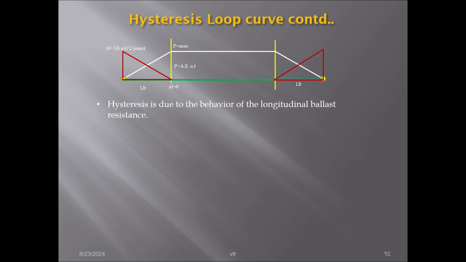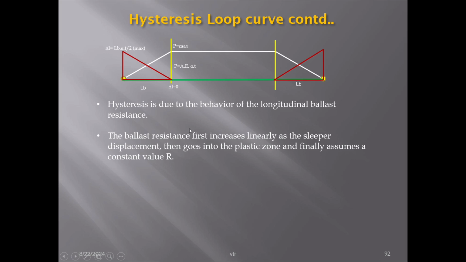That is called hysteresis. The meaning of hysteresis is lagging. Based on the formula, we calculate the extension and contraction and plot it, and the curve is the hysteresis loop curve. So it is all based on the ballast resistance.